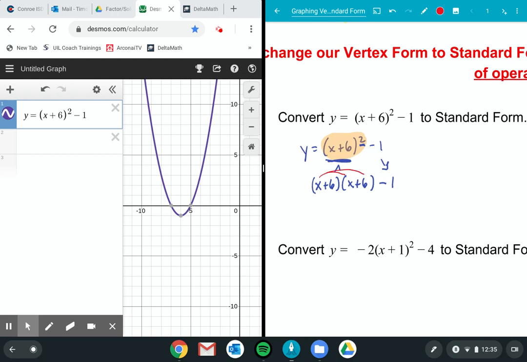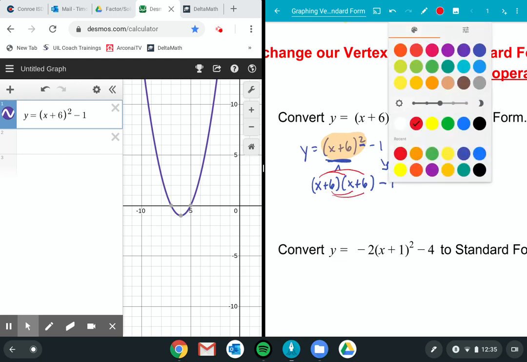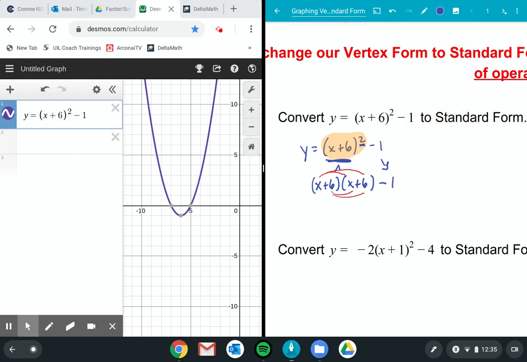So we're going to multiply these two guys out. X times x is x squared. X times 6 is 6x. 6 times x is 6x, plus 36, which then simplifies to x squared plus 12x plus 36. And that minus 1 still comes down. I haven't messed with it yet.